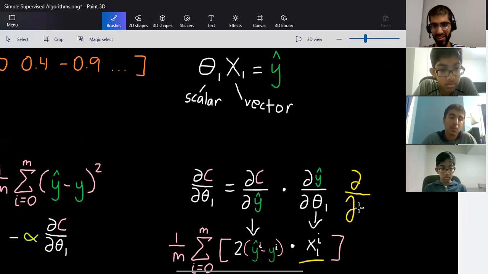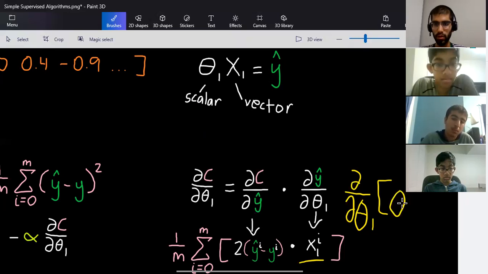Of all the stuff that y hat is representing, so theta 1 times x1. This is what that term means.